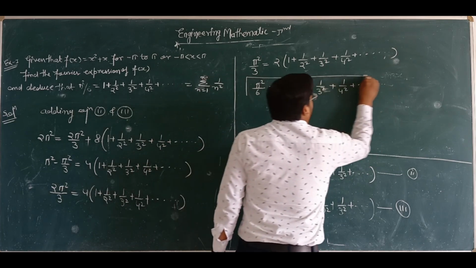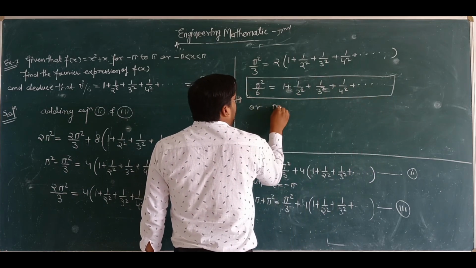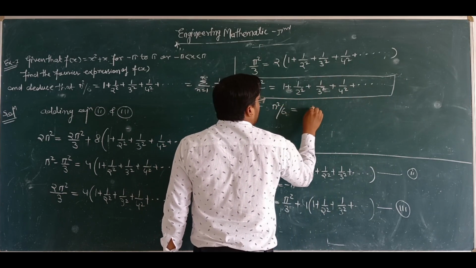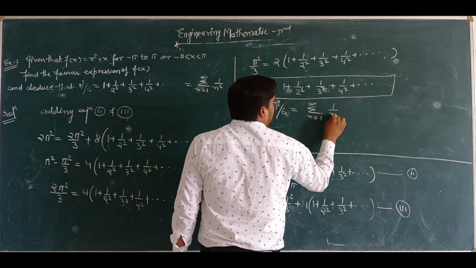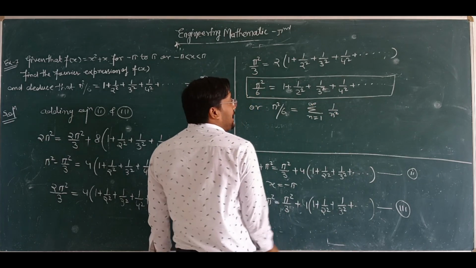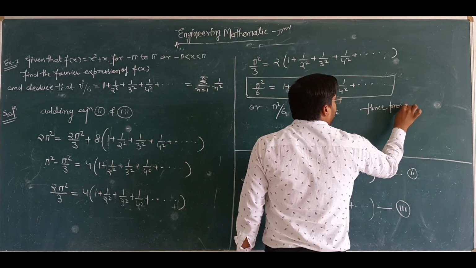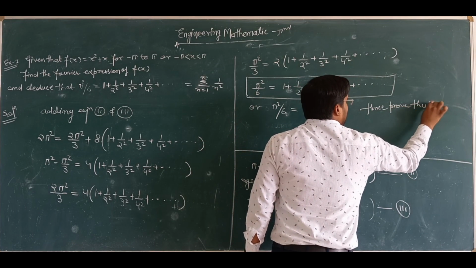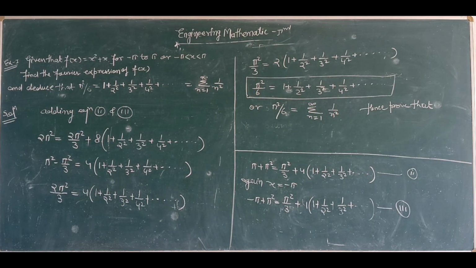Hence proved. Or also you can write pi square by 6 is equal to summation n equal to 1 to infinite 1 upon n square. Hence proved. This is a Fourier series problem.